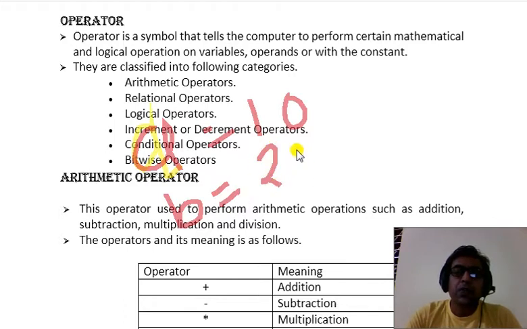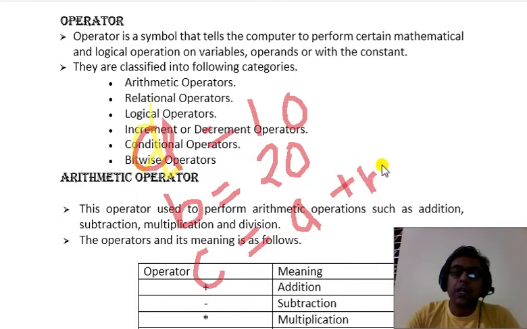So if we want to add these numbers, we use C is equal to A plus B. So here this plus is a symbol which is used to perform the addition of A and B. So this plus is called as the operator.